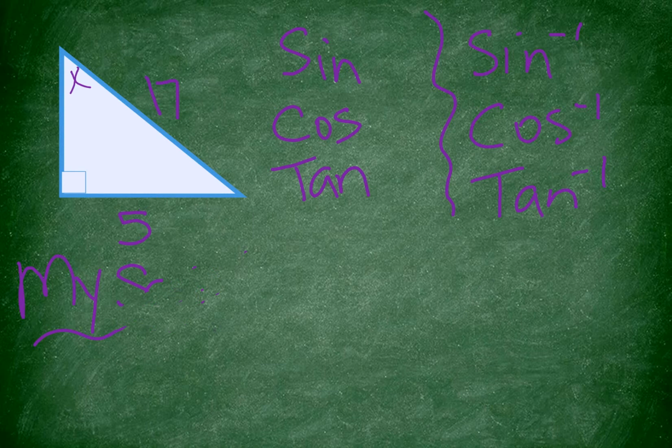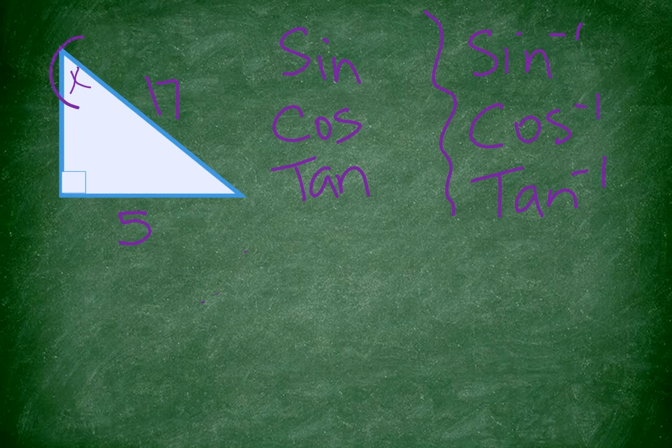And we set it up the same way as we have been, by labeling our hypotenuse, our opposite, and our adjacent. Now we're going to use the angle that has the x located there.